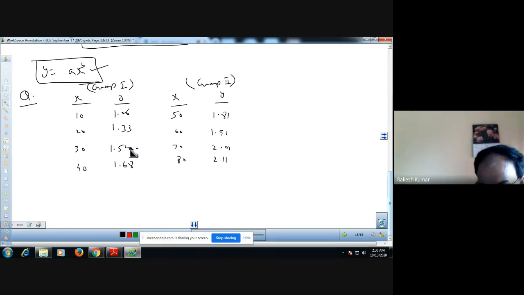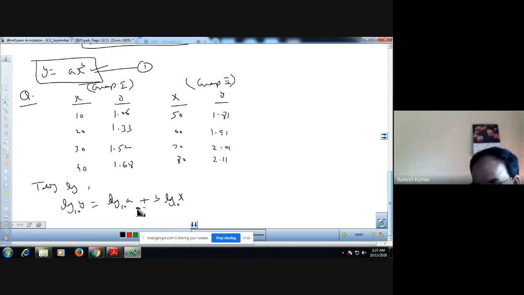But because we are going to find out for an exponential equation, this is not a linear equation. So again you will name it as equation number 1, taking log on both sides. Taking log, you will get log y is equal to log a plus b log of x, and the log is with base 10.